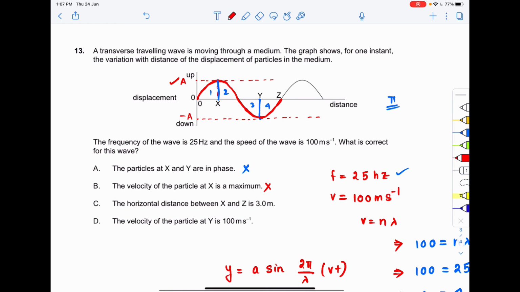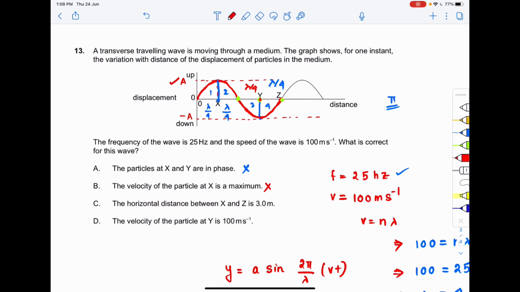If I divide the whole wave into 4 equal parts, each part will be lambda by 4. From here to here is lambda by 4, again from here to here is lambda by 4, and from here to this point is also lambda by 4.